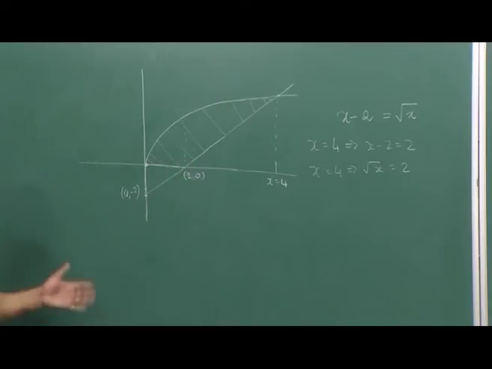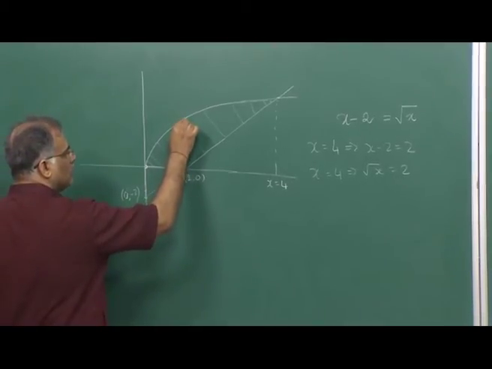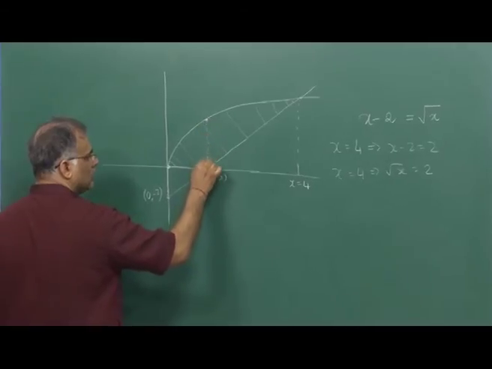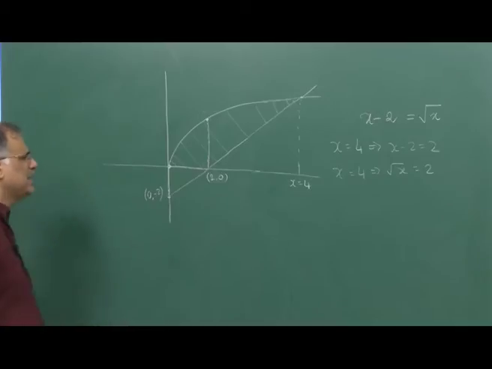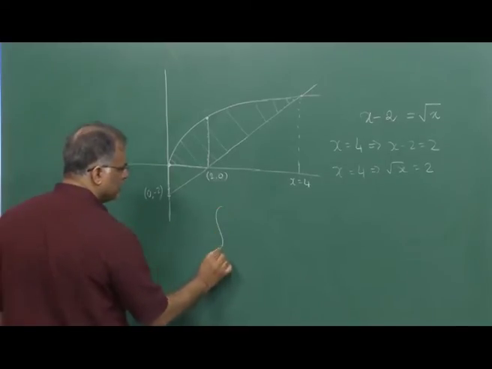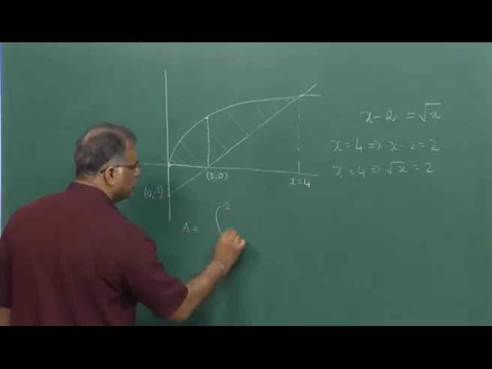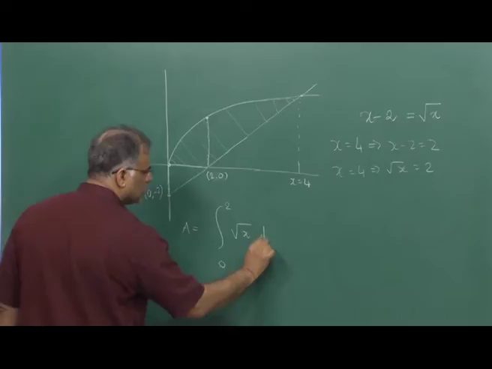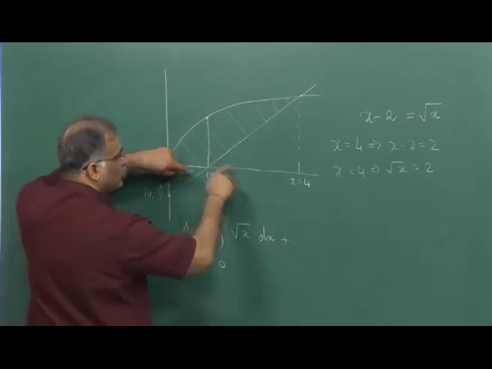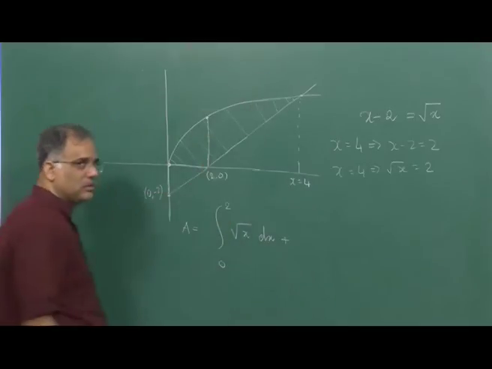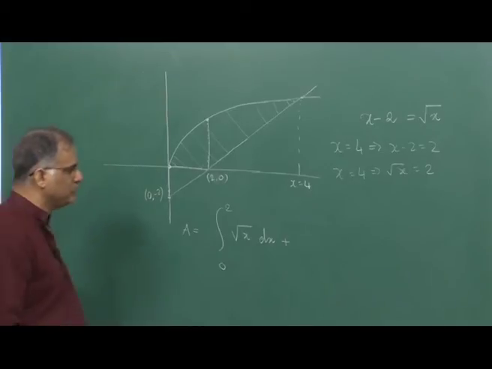But people will make a division. What division will they make? People will divide like this. First they will take the area of root x from 0 to 2, and then add this area, but from 2 to 4, root x is bigger than y equal to x minus 2.